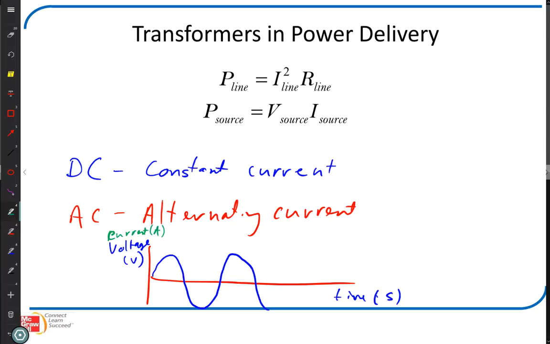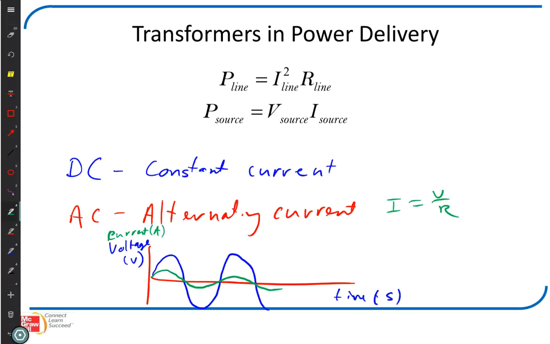If it's a resistor, how do voltage and resistance relate? Ohm's law. So we have I equals V over R. So it's going to have the same shape. I put a different magnitude on it because current is voltage over resistance, and we have different units. So the size is independent anyway.